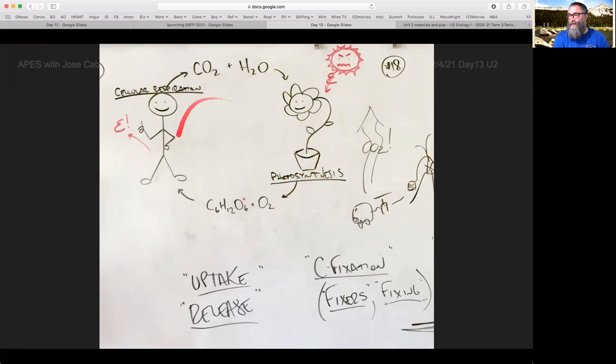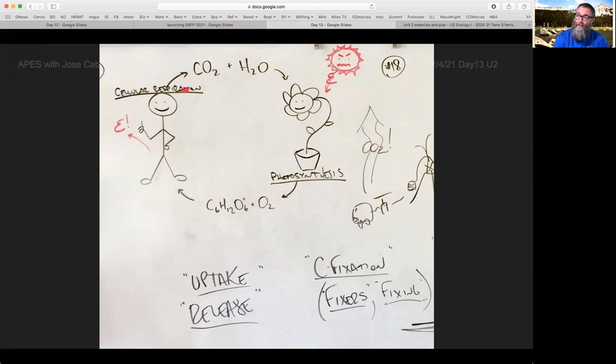This is the basic little carbon cycle. This is the part that you probably already know: photosynthesis and cellular respiration. The reagents of photosynthesis become products of photosynthesis, but those exact same things are the reagents of cellular respiration.